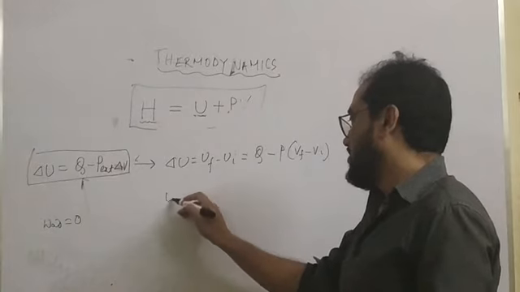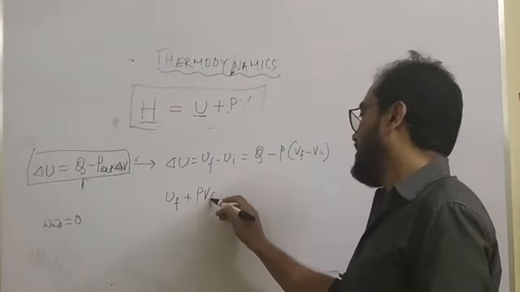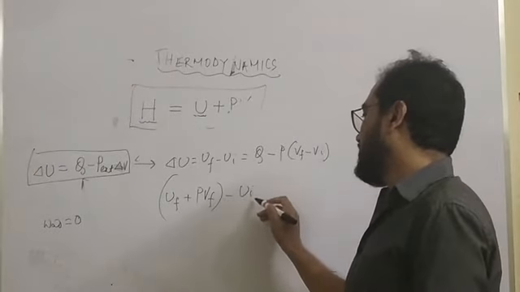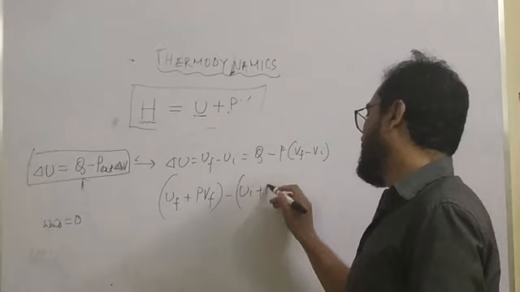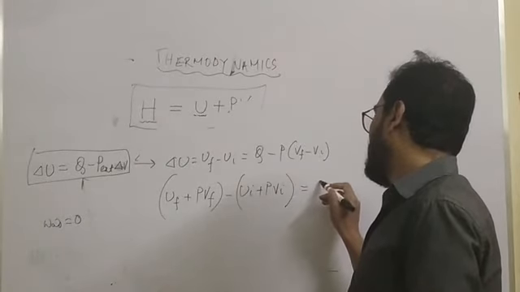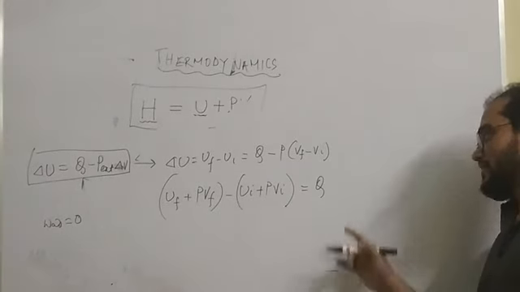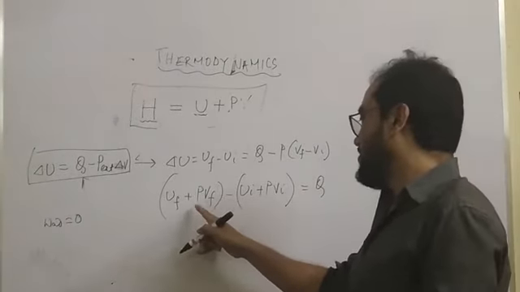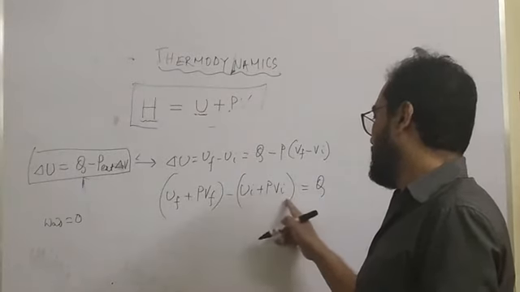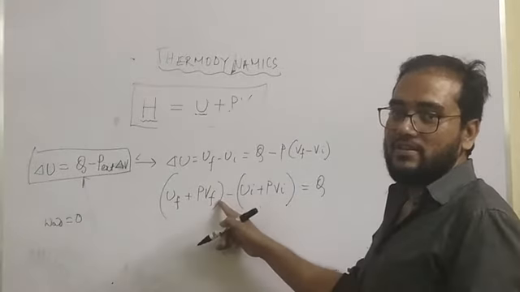Rearranging this: U_F plus P into V_F, minus U_I plus P into V_I, equals Q. Now, very interesting thing: you see final state pressure P, initial state pressure P. So can't we say pressure is remaining constant?